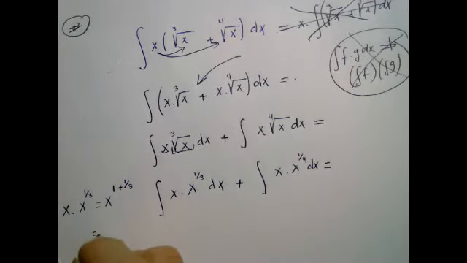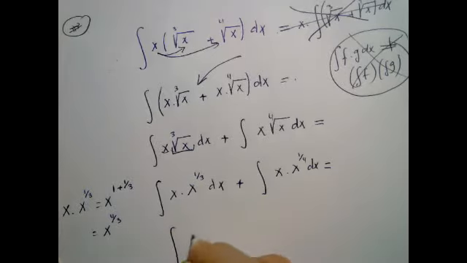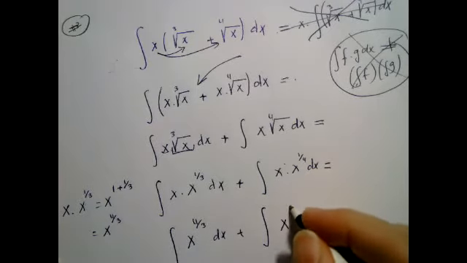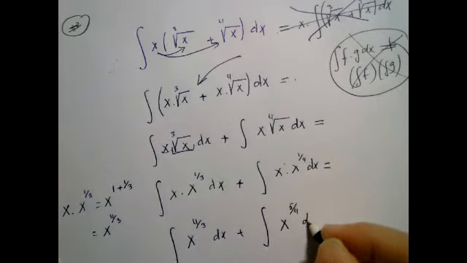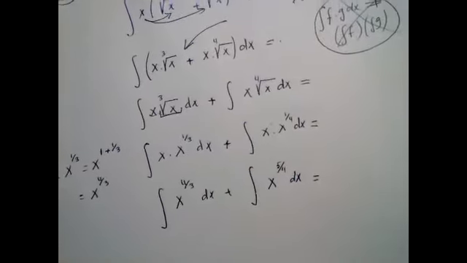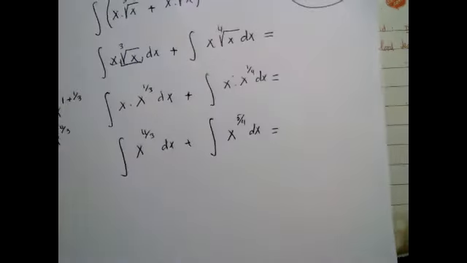That is x to the power 4/3. So this is going to become x to the 4/3 dx. And I'm going to do exactly the same here. 1 plus 1/4 is 5/4 dx. Now we really have it simplified in a way that we can use the power rule.